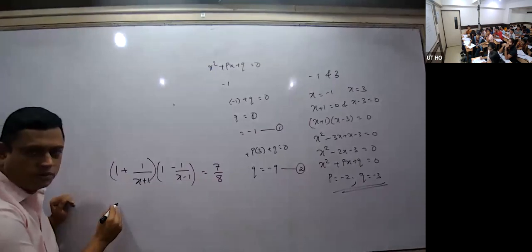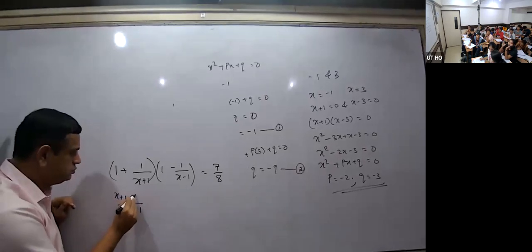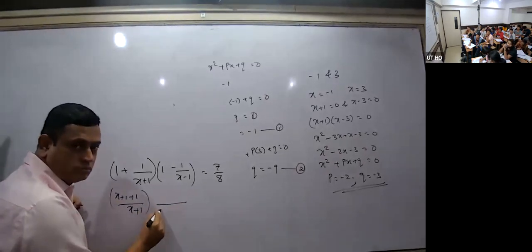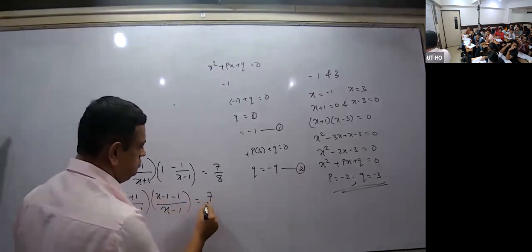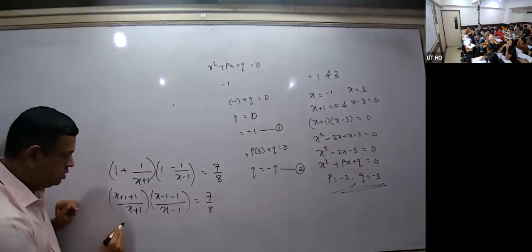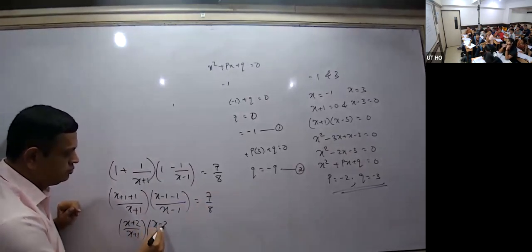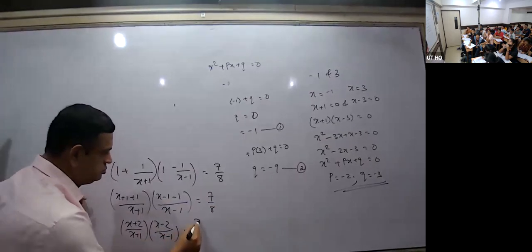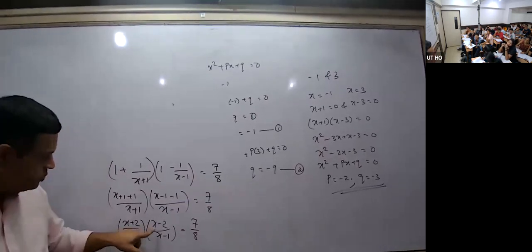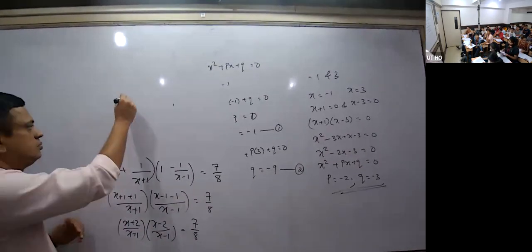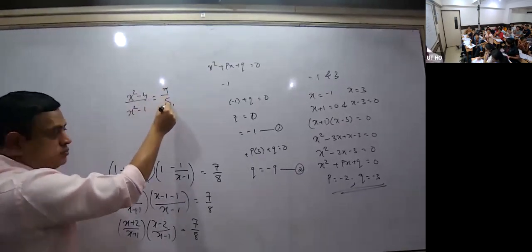You tell me the LCM. x plus 1 plus 1, x minus 1, and minus x plus 1. What is the problem? (a plus b)(a minus b) is how much? a square minus b square, that is x square, x square minus b.